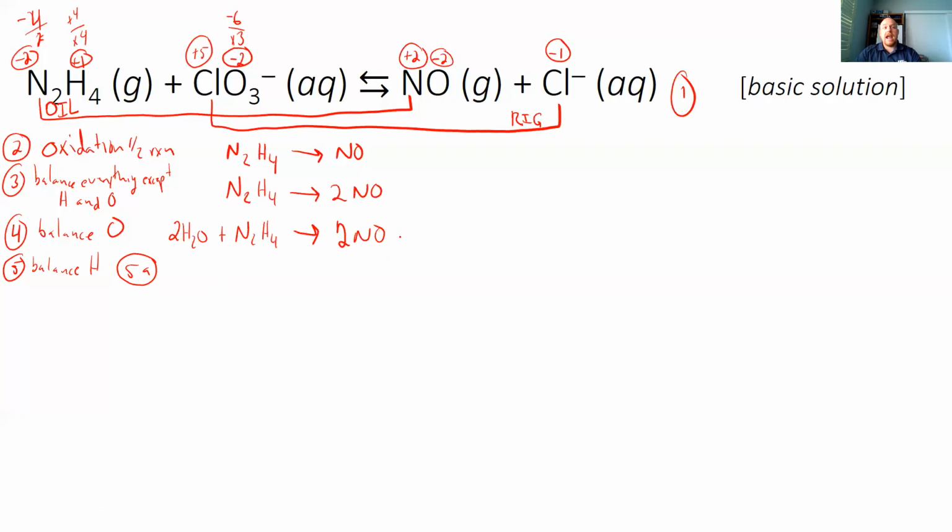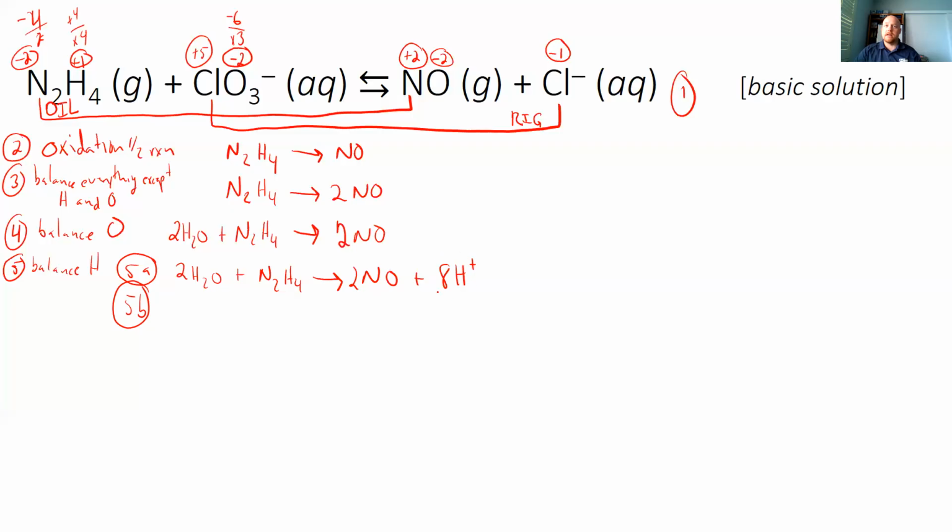So I'm going to have to add 8 hydroniums to the product side. So 2H2O plus N2H4 reacts to form 2NO plus 8H+.